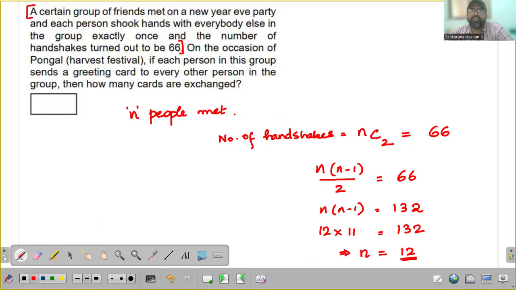So the number of friends who met in the party is equal to 12. I shall indicate it here. The number of friends that you are considering here is equal to 12. Okay. So that is the first part of the question.